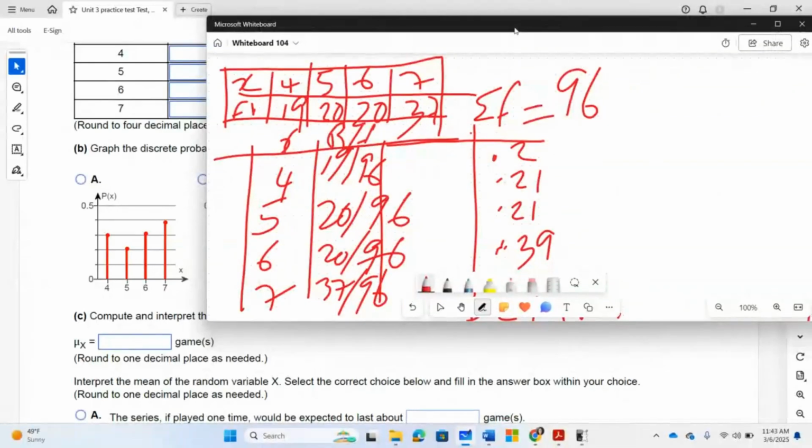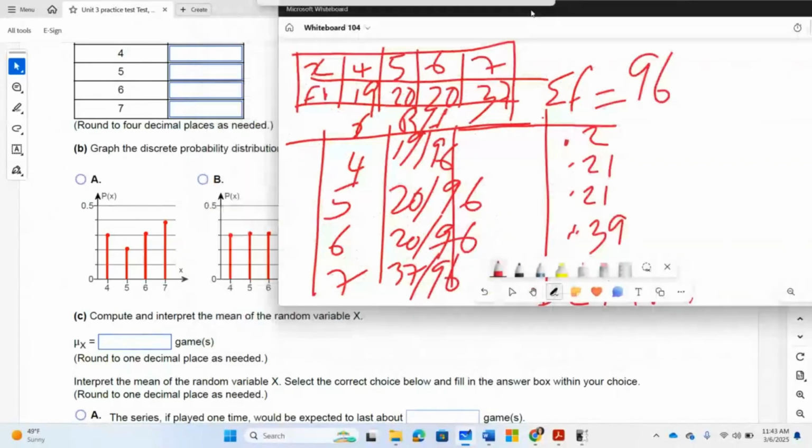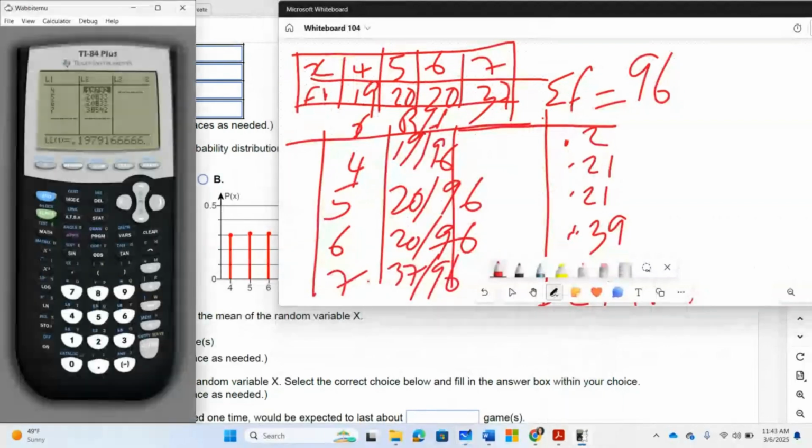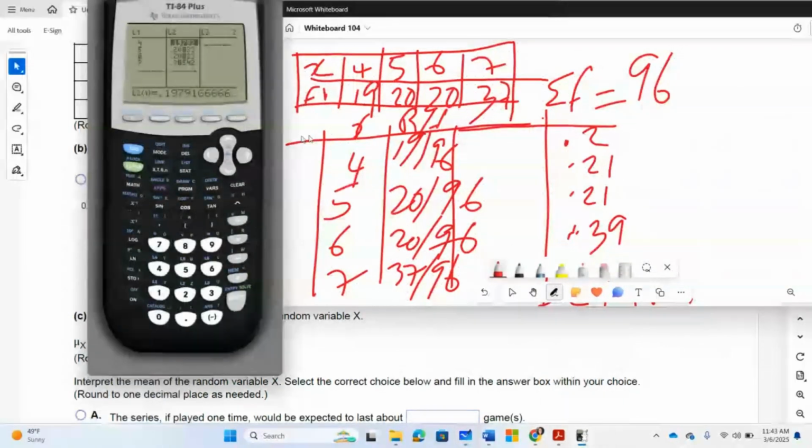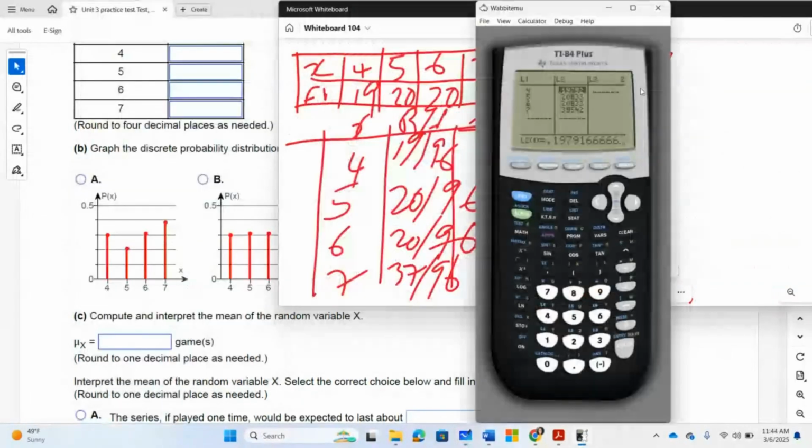All right, so we are told to answer question C. You are told to find the mean of the probability distribution. Okay, so you already know that the random variables are in L1, the probabilities are in L2. You do one variable stat as usual. So you go to stat, arrow to calc, do one variable stat.